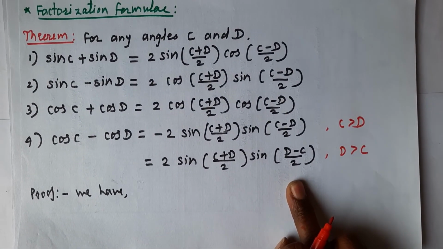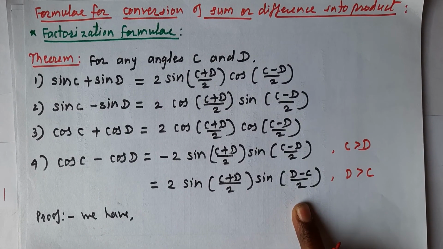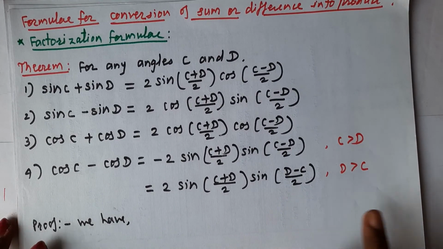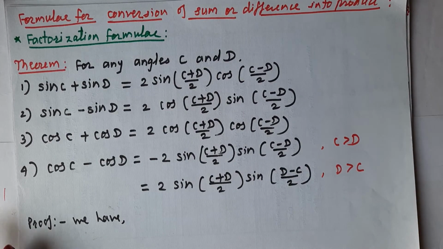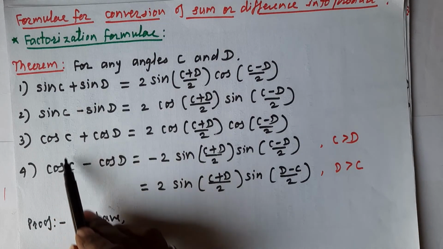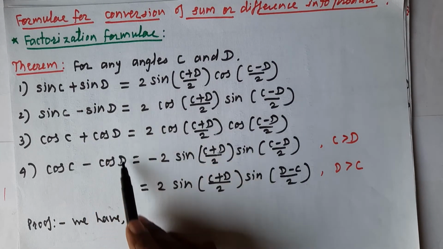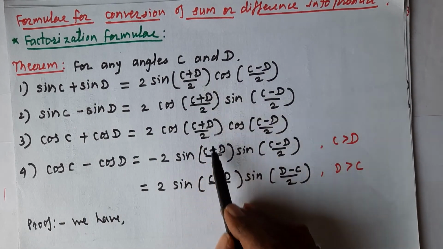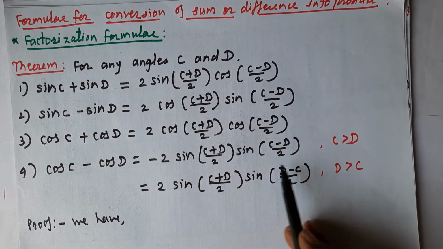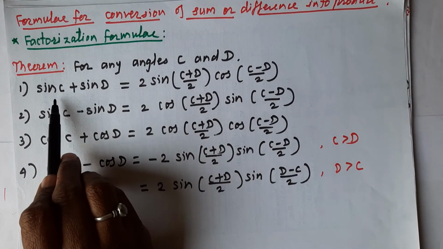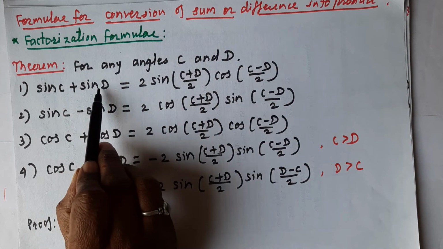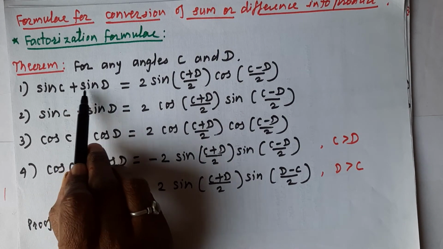In this way we have proved the factorization formulae for any angles C and D. And how to remember these formulae? In all these 4 formulae, the first angle is C, the second is D, and here is (C+D)/2 and (C-D)/2. 2 is in each formula. Now if the formula is for sin C plus D, you remember this formula, sin C plus D.